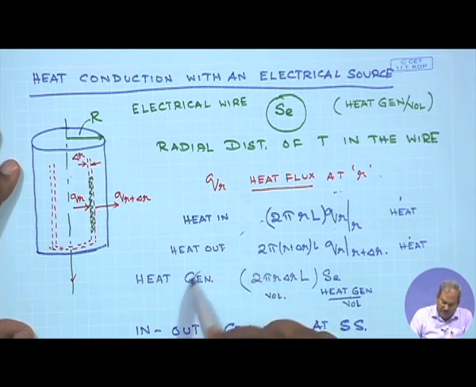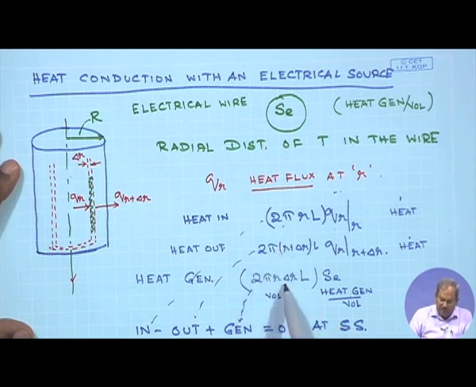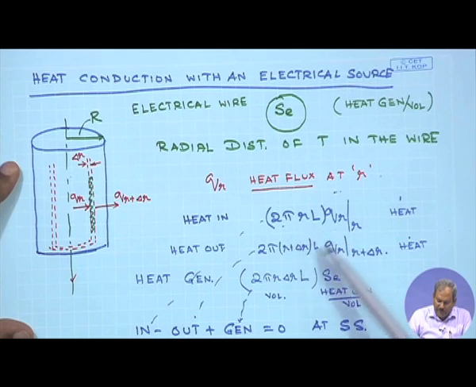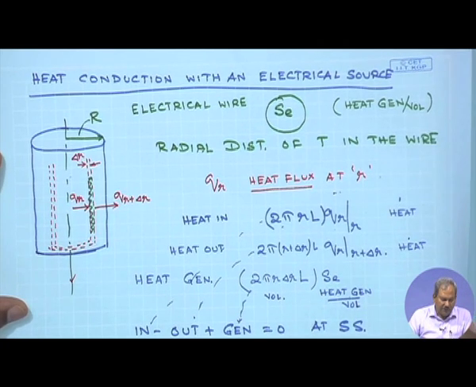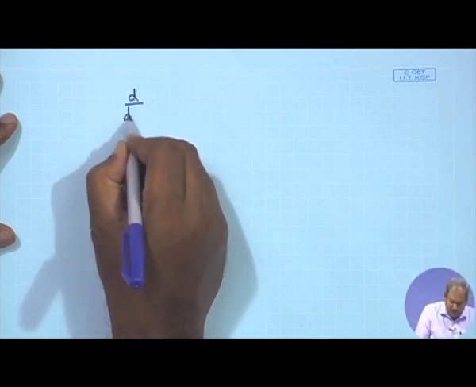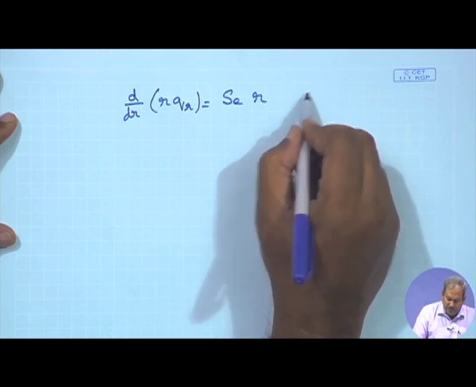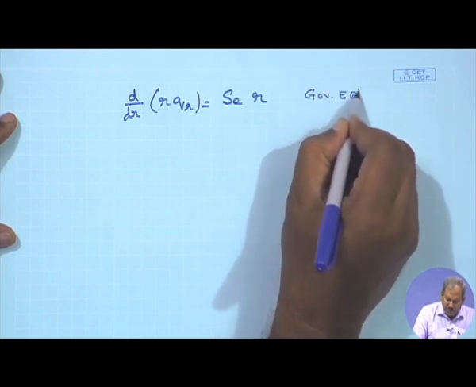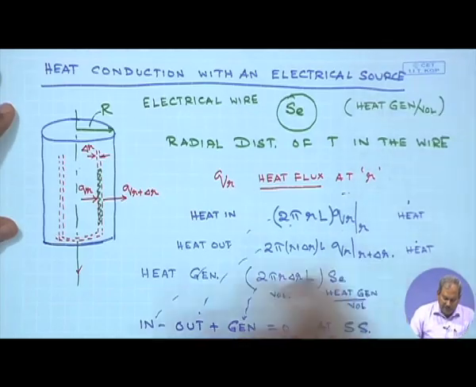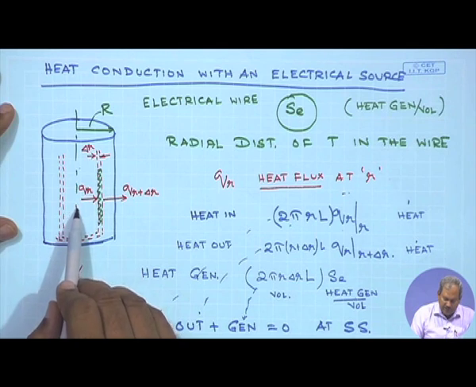So you put these terms over here, in minus out plus generation is equal to 0, and divide all sides by delta R, cancel out pi L etc., and divide both sides by delta R. And when you do that, this difference equation would definitely be converted into the differential equation d/dR of R Q R is equal to S E times R. So this becomes the governing equation for heat transfer when you have generation of heat inside a cylindrical system.